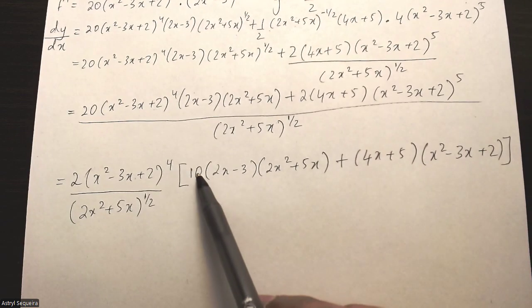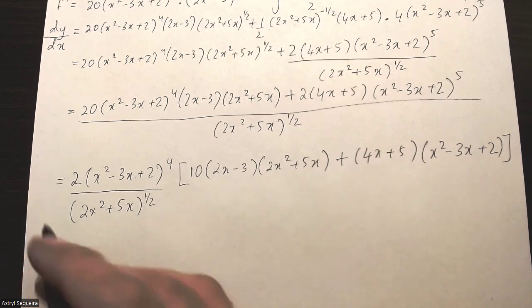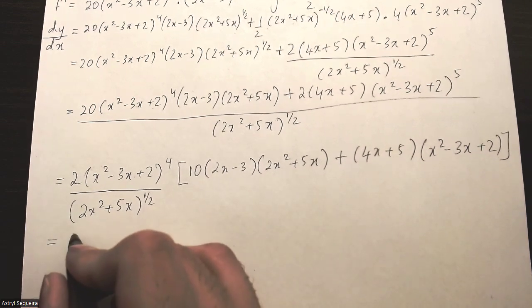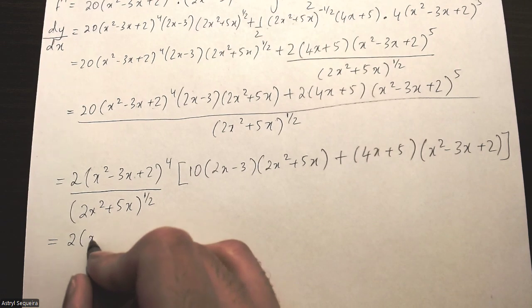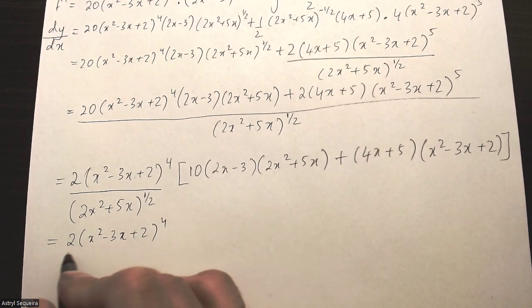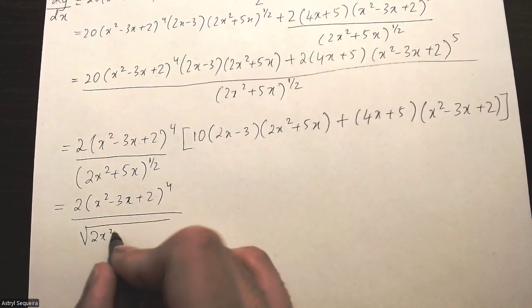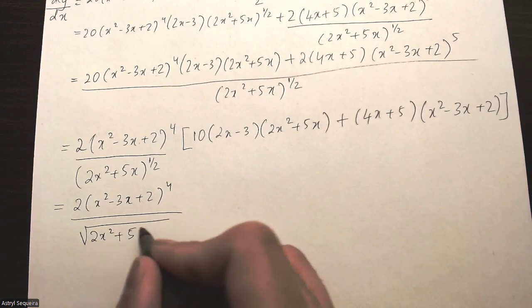Next step, I want to multiply all these values and all these brackets together. So let's do that. Write this the same. Bottom, I'll leave it as a square root now because pretty much done all the other important stuff.